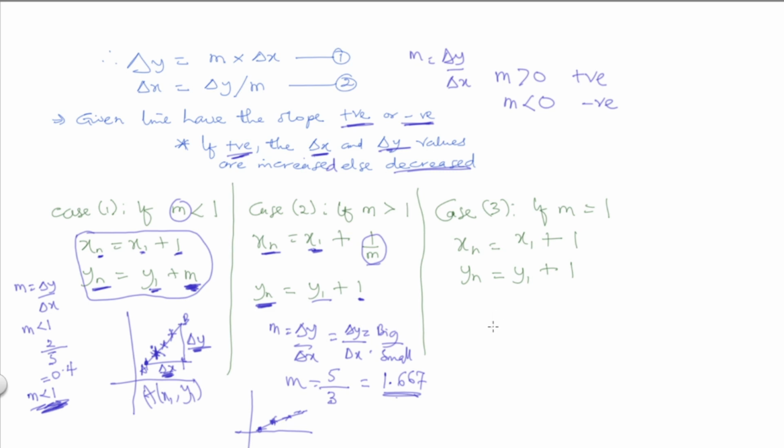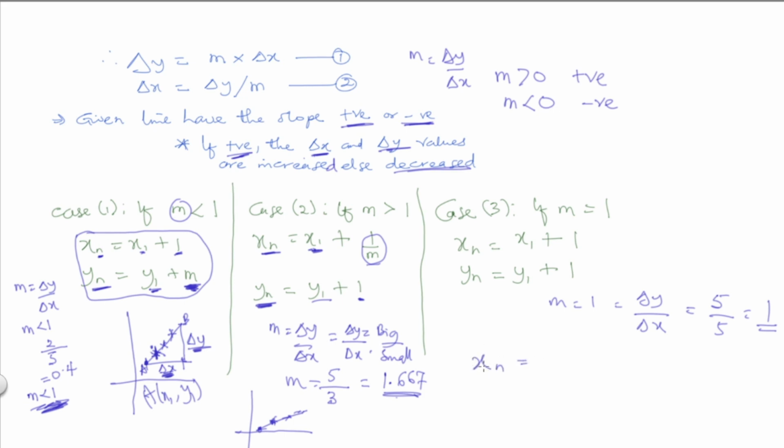So for the next case, when we have the gradient equal to 1, then it means the change in y value over the change in x value is the same. So if we have the change in y value to be 5 and the change in x value to also be 5, then of course the gradient will be equal to 1. So in a situation like that, we'll just add 1 to the intermediate point.